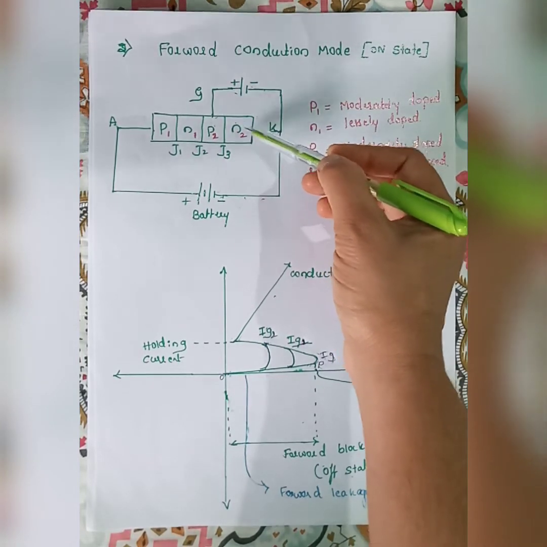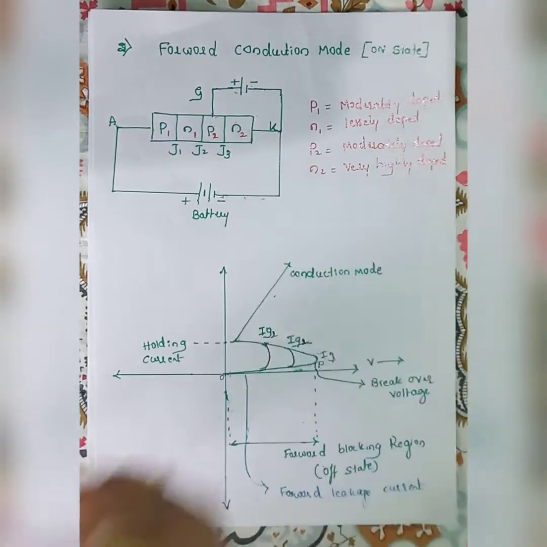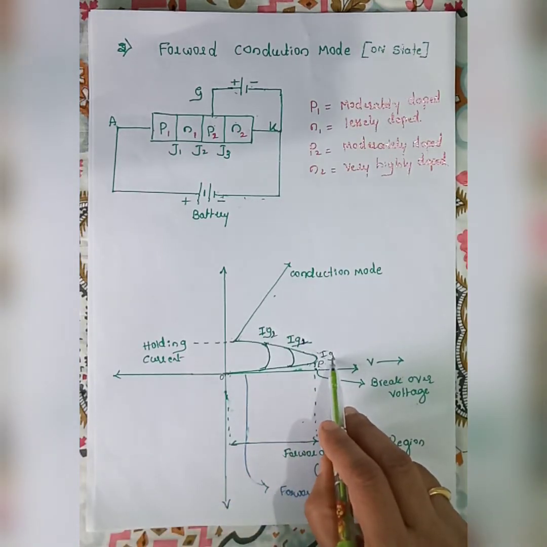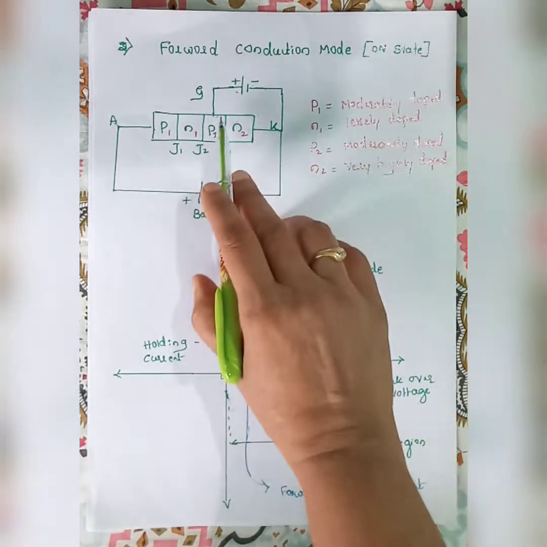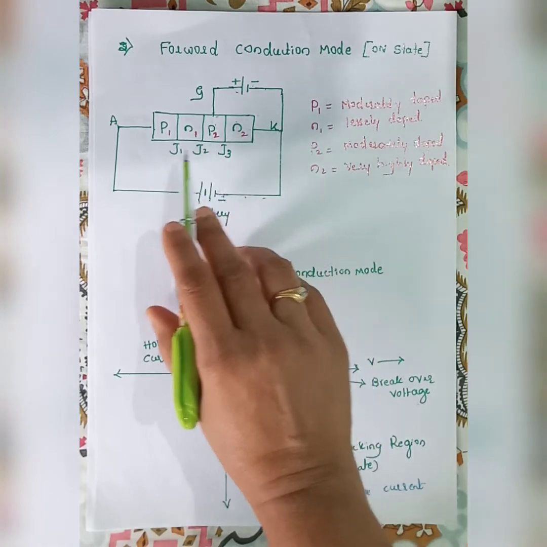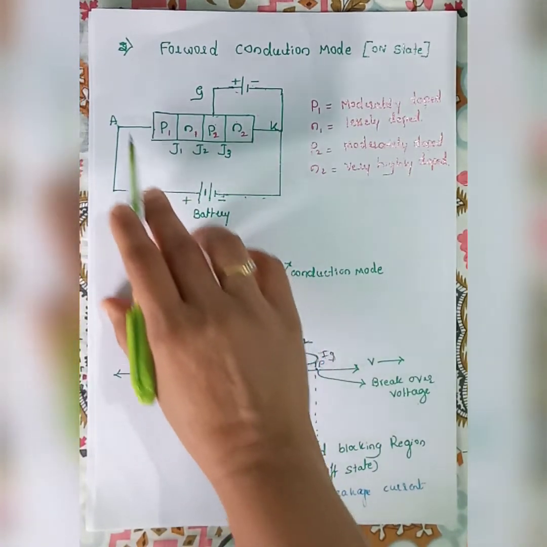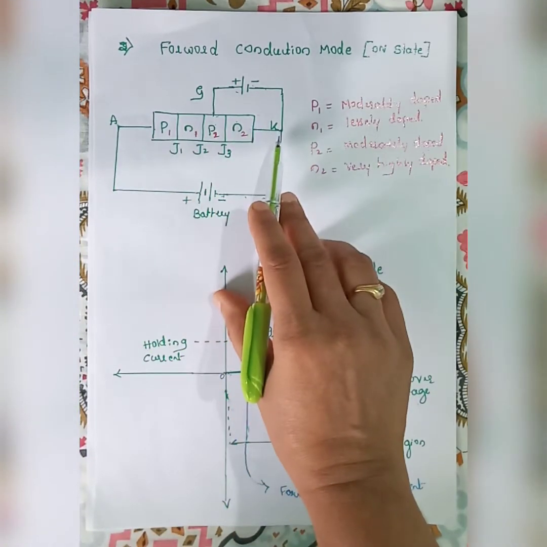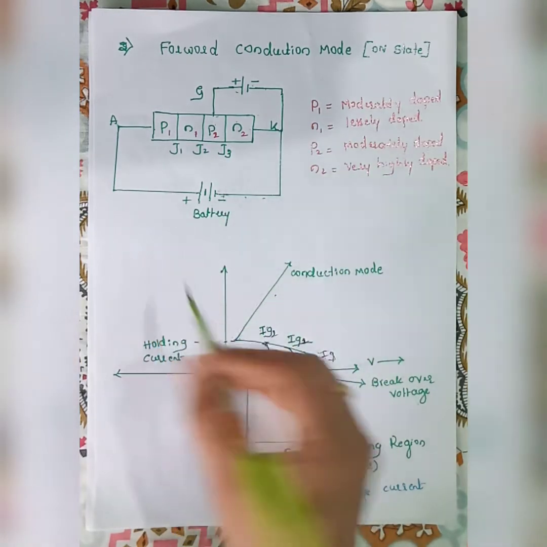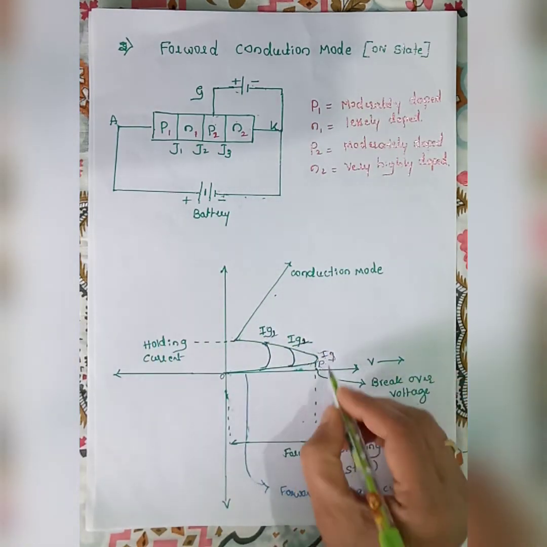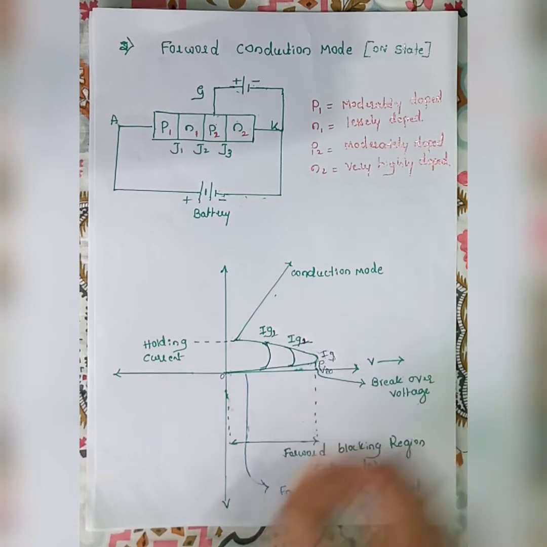This current is called the gate current, IG. This makes the SCR turn on early, before the externally applied voltage between anode and cathode reaches the forward breakover voltage.